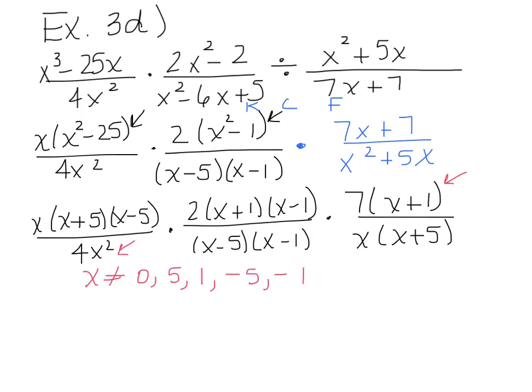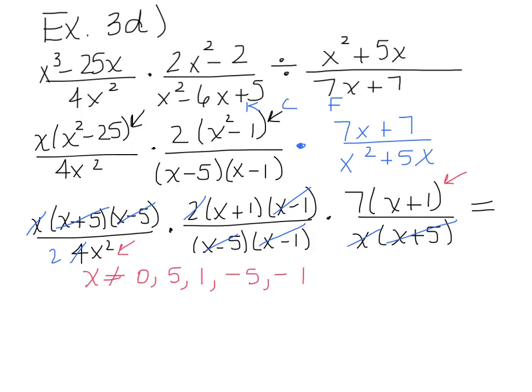Now I can divide them out. This x and this x will divide out. These two terms will divide out. These two terms will divide out. These two terms will divide. 2 can divide into 4 twice. And then we write what's left.